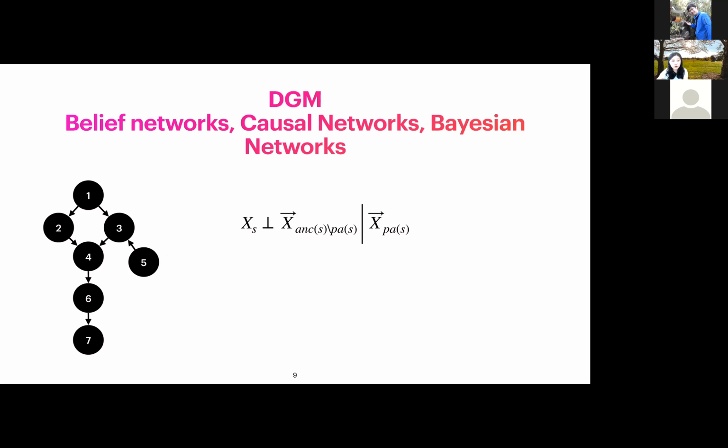I'm using 4 as S as an example, but you could also use others. For example, you can use 6 as S and so on. This is very important. This is the correspondence between the graph and the conditional independence in your joint distribution. I'm going to pause a little bit and see whether there is any question regarding this.